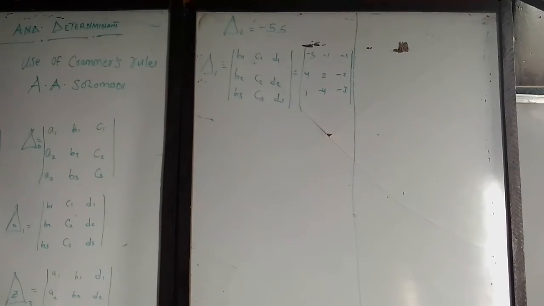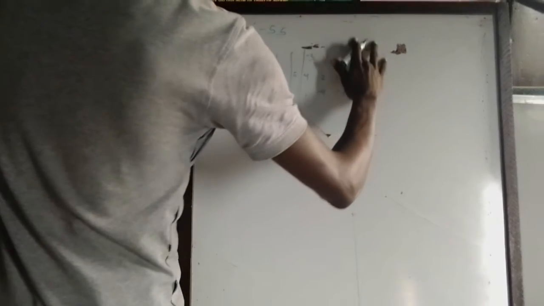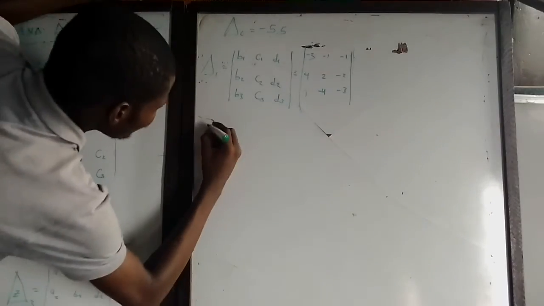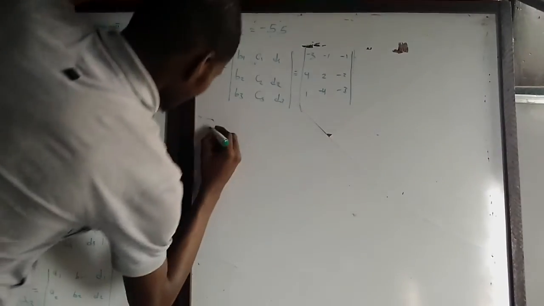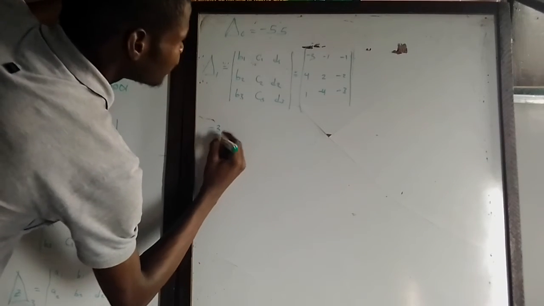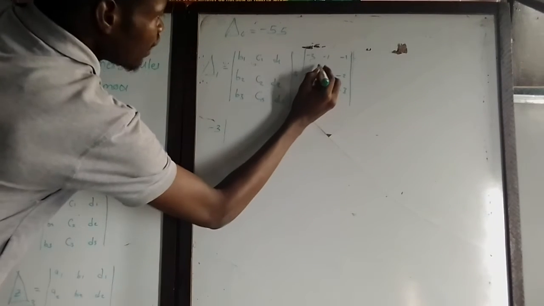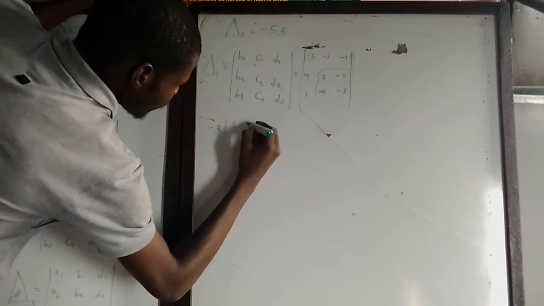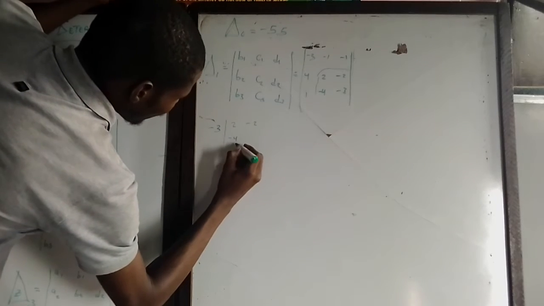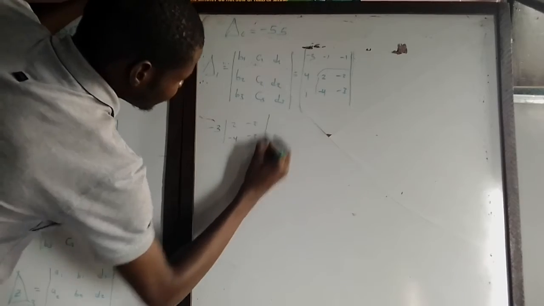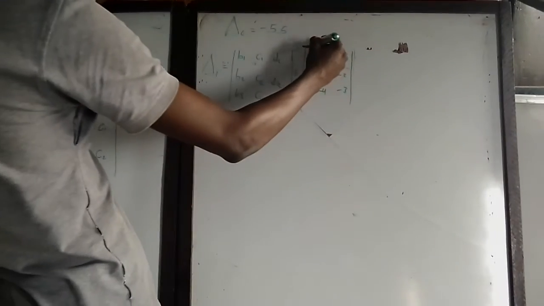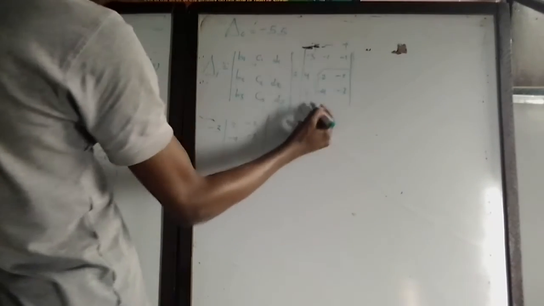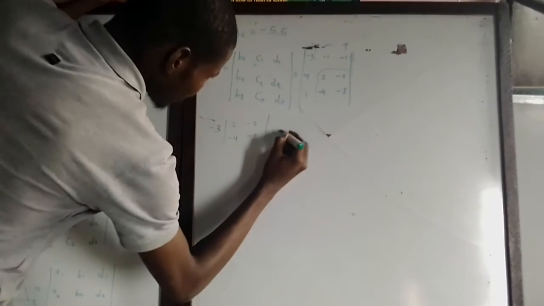So let's move on. We are going to say minus 3, then you take this, you have 2, minus 2, minus 4, minus 3. Plus, minus, plus. Minus times minus will give you plus 1.